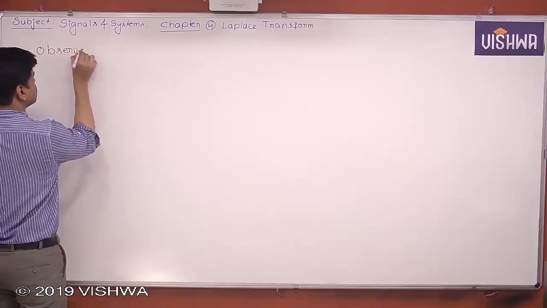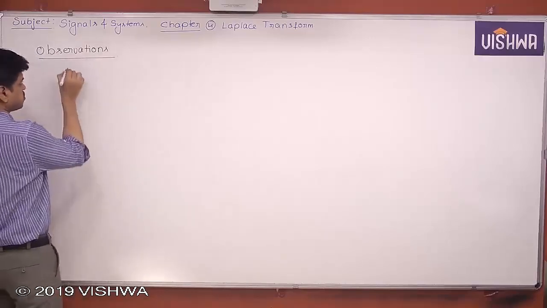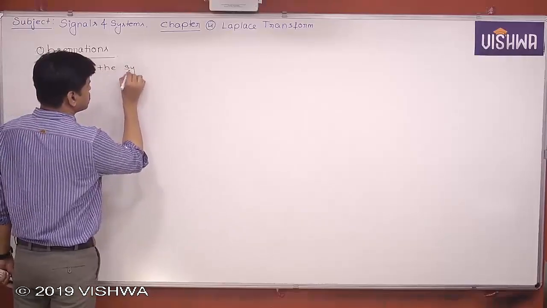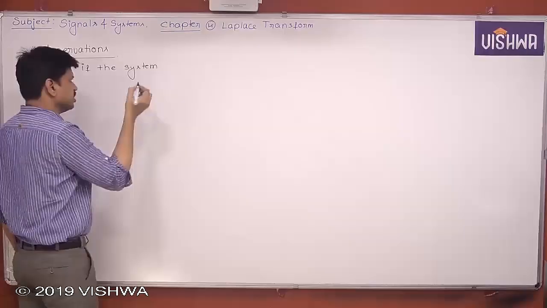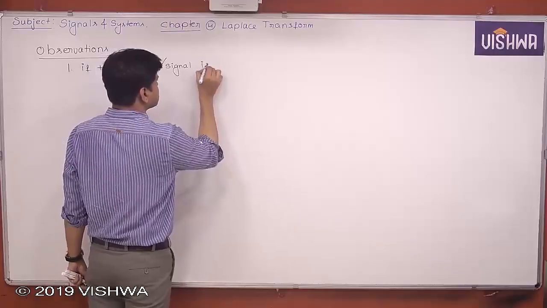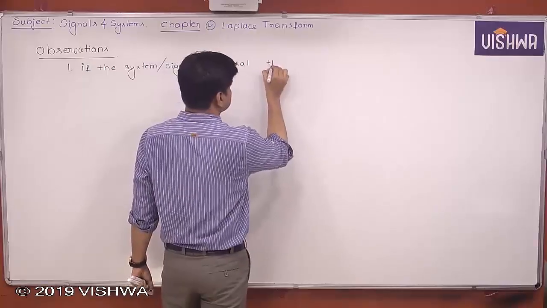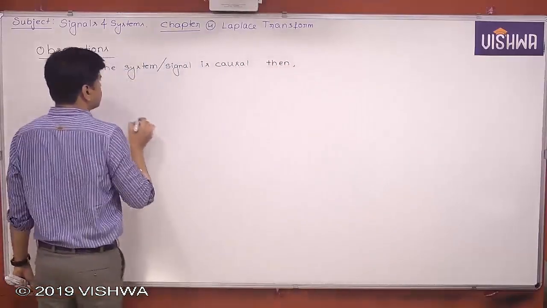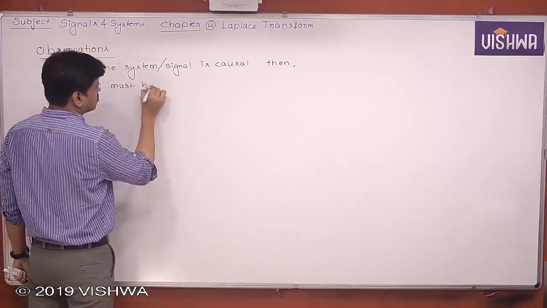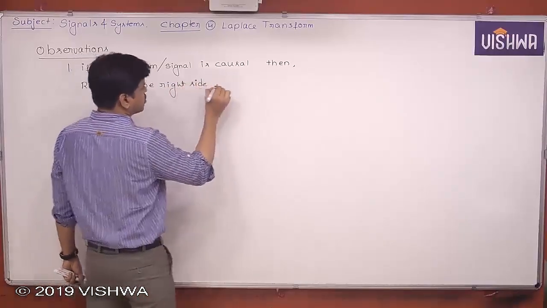Please make a note. Observations. First one, if the system or signal is causal, then ROC must be right side to the rightmost pole.